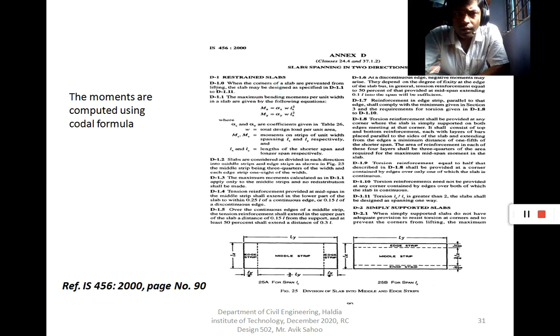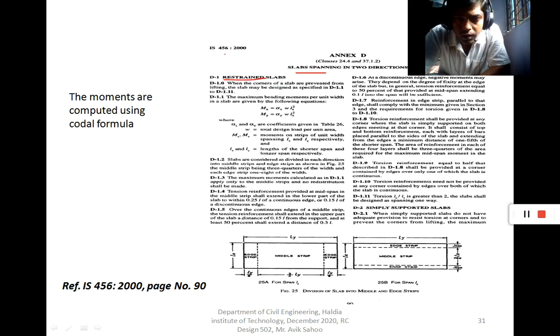You see that here this is a 2-way slab. You know that in 2-way slab the spanning is in two directions. Both spans are considered, longer span and shorter span. And this slab has two types. One is restrained slab, when the corners of a slab are prevented from lifting.